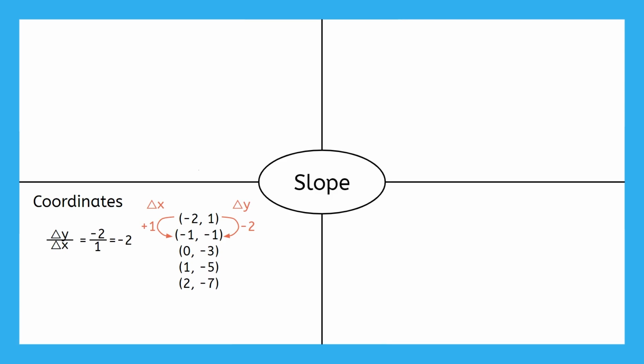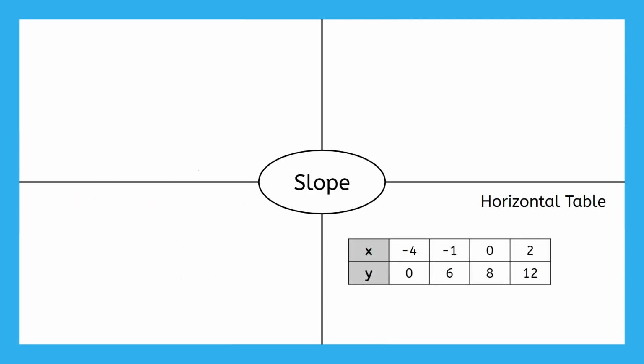to match this. The horizontal table is really similar to the vertical table. I bet that whichever method you find you like best on a vertical table will work just as well on a horizontal table. In this case, I'm going to pick two columns in this table and then check how the x and y coordinates change from one to the next. You don't have to use the first two, or even two that are next to each other. So I'm going to use these to switch it up a bit.